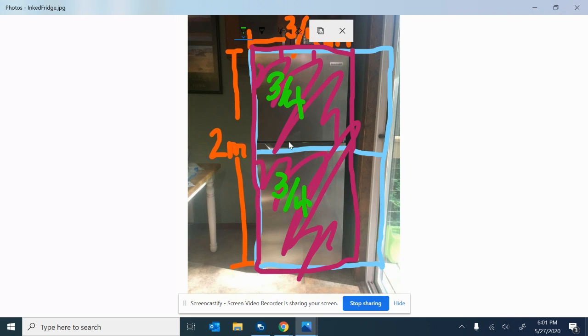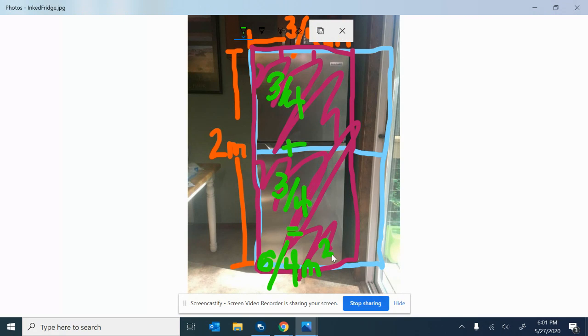So when we add them together, we are going to get 6/4 of a meter squared, right? Because this is surface area. 6/4 of a meter squared.